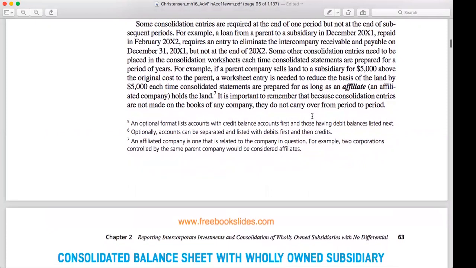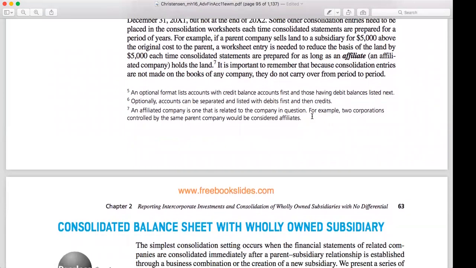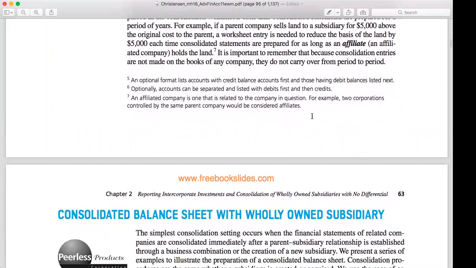So the wash entry is needed to reduce the basis of land by 100,000 each time consolidated statements are prepared, as long as the affiliate company holds the land, right? So consolidation entries are not made on the books of any company. They do not carry over from period to period. So this is the one that has been highlighted. Got to put it in pink. Okay.